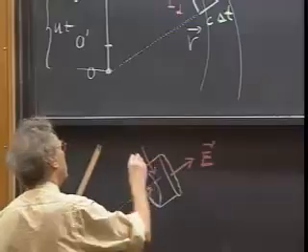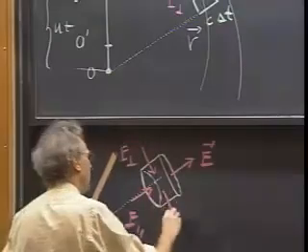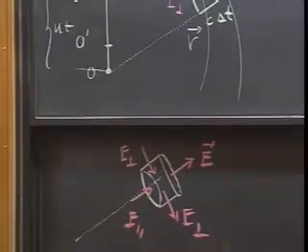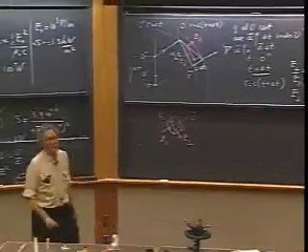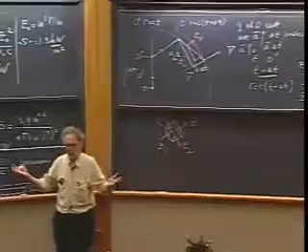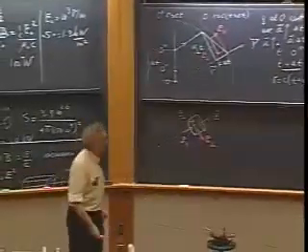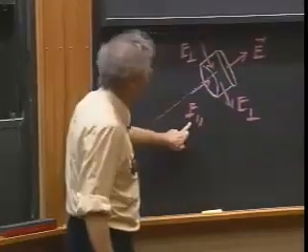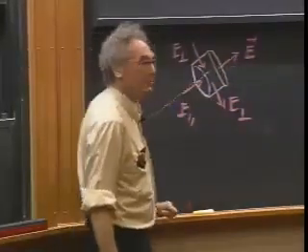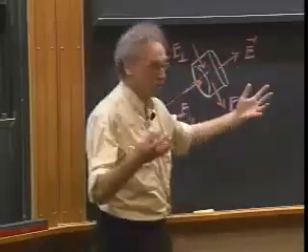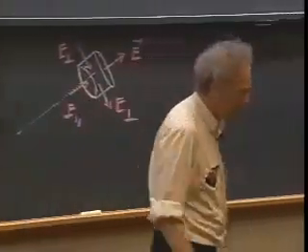So this comes in, E perpendicular, and that E perpendicular goes out. Now since this is in vacuum, there is no charge density inside this box. So the divergence of E must be 0. And that means that the E vector here must be exactly the same as the E vector here. Because the contribution to these two is 0, so this must also be 0. There's no charge inside the box.